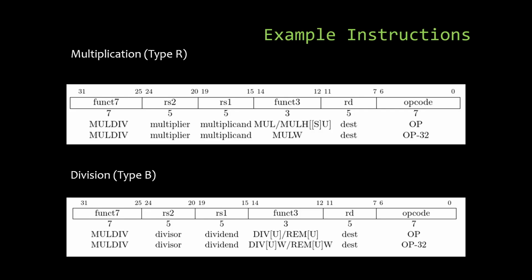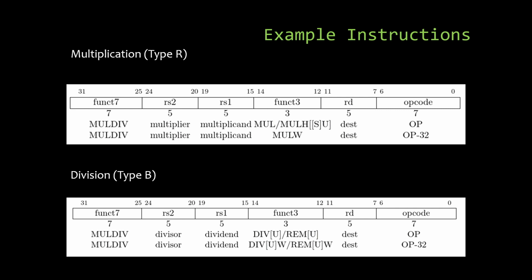There are 2 sets of instructions for extension M. There are no other instructions, only these 7, and they handle multiplication and division as said.